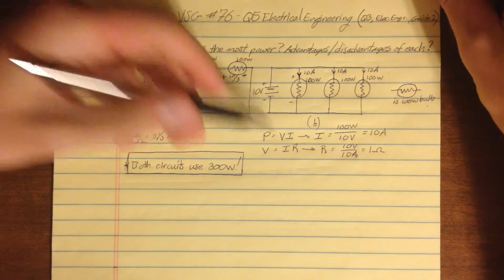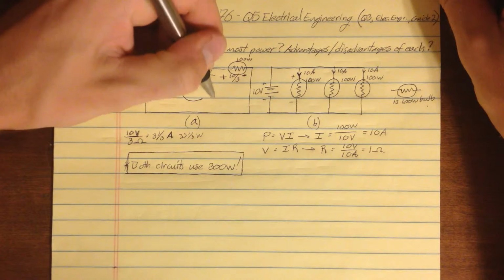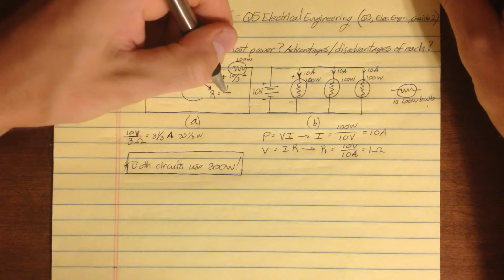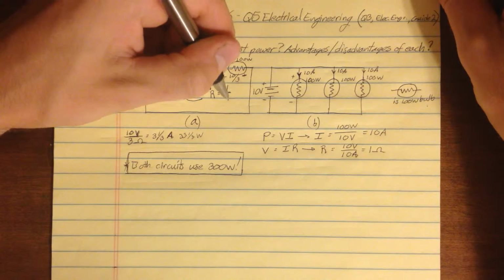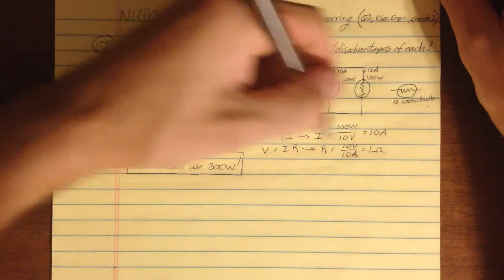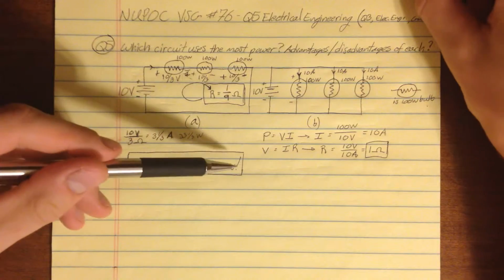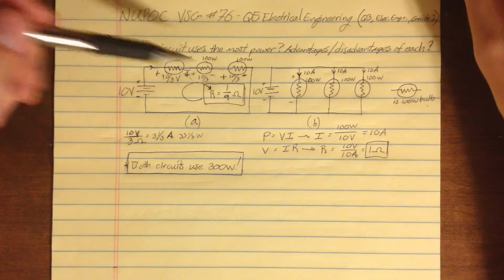And when you do the math with these equations, you come out with the resistance for each bulb, in this case, of only 1/9 of an ohm. Whereas over here, the resistance was 1 ohm. And those resistances with these DC voltage sources will give you 100 watts per bulb.